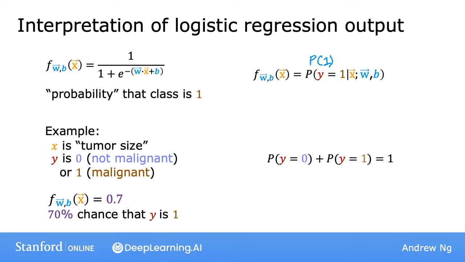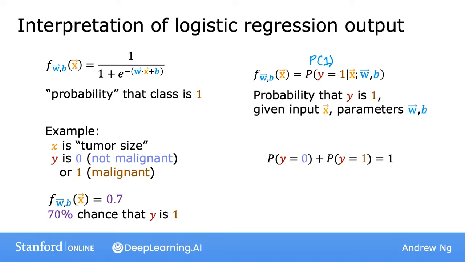What the semicolon here is used to denote is just that w and b are parameters that affect this computation of what is the probability of y being equal to 1 given the input feature x. For the purpose of this class, don't worry too much about what this vertical line and what this semicolon mean. You don't need to remember or follow any of this mathematical notation for this class. I'm mentioning this only because you may see this in other places.